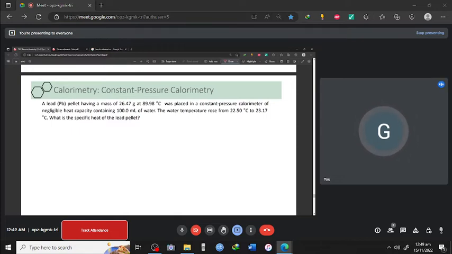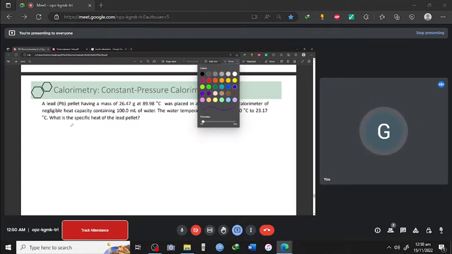visualize kung ano yung nangyari for this particular problem. So sabi daw dito, meron kang lead pellet kung saan meron siyang initial temperature na 89.98. And then place mo daw siya sa constant pressure calorimeter kung saan may 100 ml of water doon. So technically, drawing natin, palitan ko lang yung kulay ng pen natin.